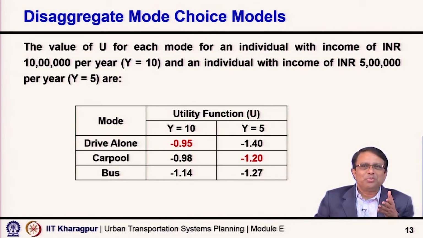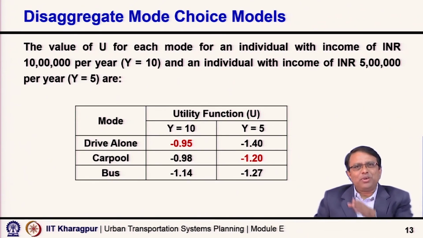So, which one is to win? As per utility maximization, we want to maximize our utility, but here it is all disutility. So, the least negative I will take, right, minus 0.95, so the choice will then be drive alone, because drive alone maximizes the utility.